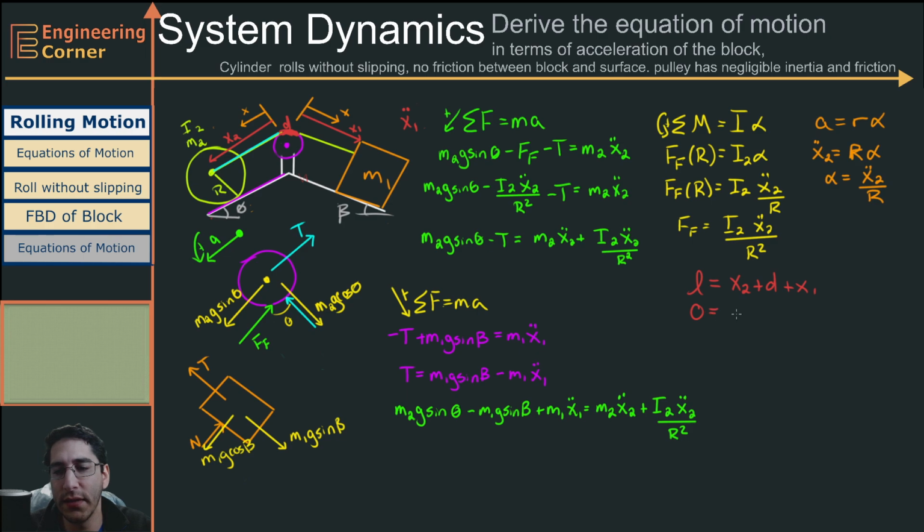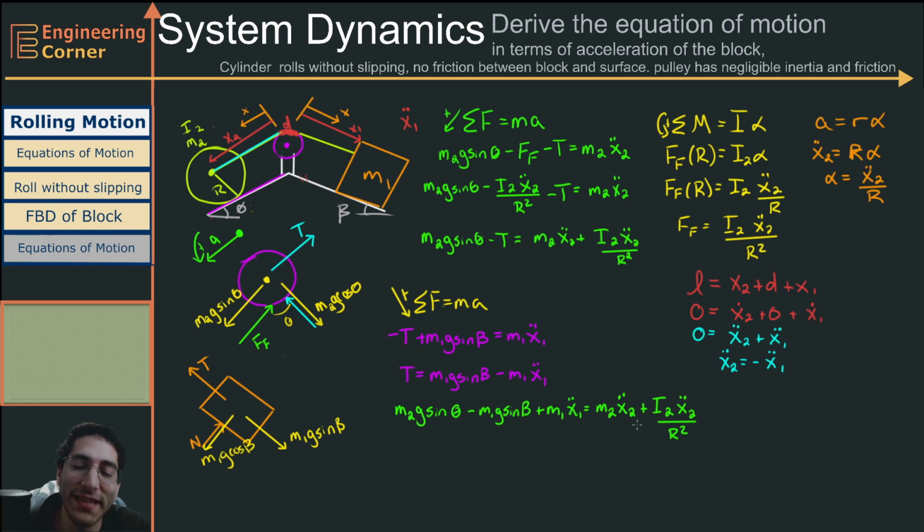I get 0 is equal to X2 dot plus 0 plus X1 dot, right? Only this length of rope is going to change. This never changes, so its derivative is 0. Differentiate again. I get 0 is equal to X2 double dot plus X1 double dot. To put X1 in this equation, I'll have X2 double dot is equal to minus X1 double dot.